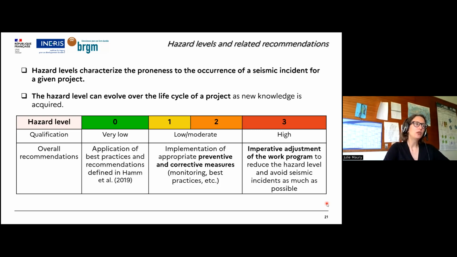And finally, the last level, level 3, is for high hazard level. And in this case, what's occurring is different than what was planned. And in this case, you need an imperative adjustment of the work program to reduce the hazard level. So the idea is to stop and change what you are doing.